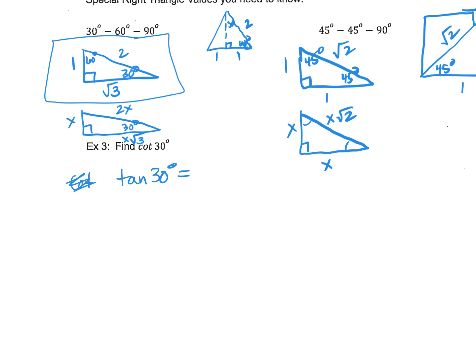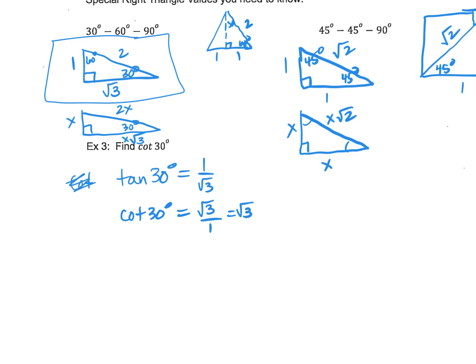It's going to be opposite over what? Opposite over adjacent, is it not? So of that 30-degree angle, what's opposite, what's adjacent? 1 over the square root of 3. So now cotangent then would be what? Root 3 over 1. So it would just be root 3.